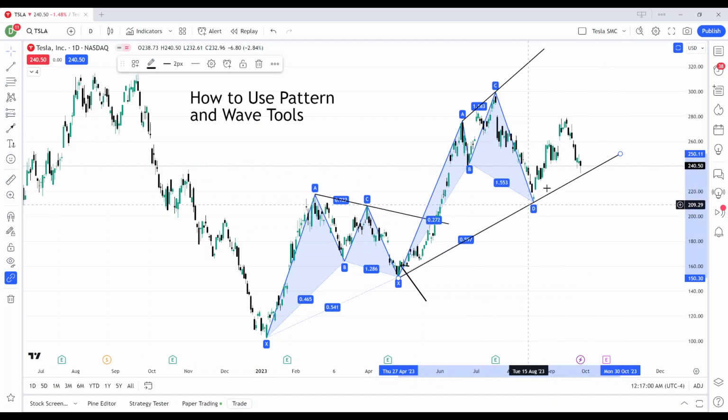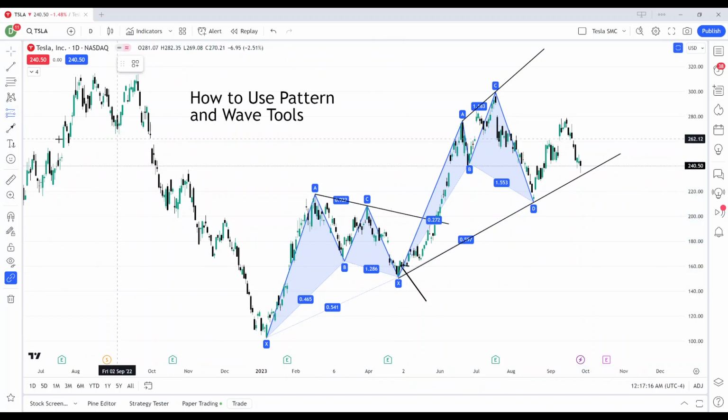So do we respect this? If it trades below, you exit the trade, and we'd be looking for price to actually move higher up into this right here.